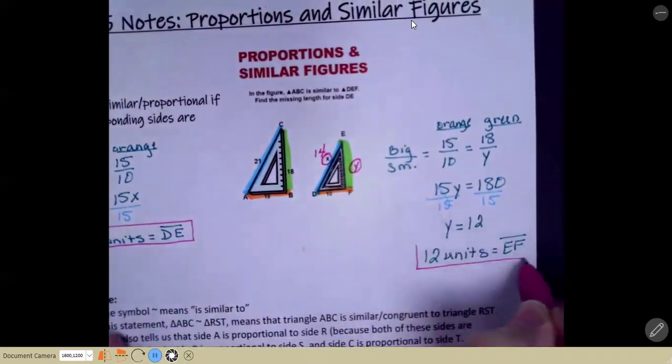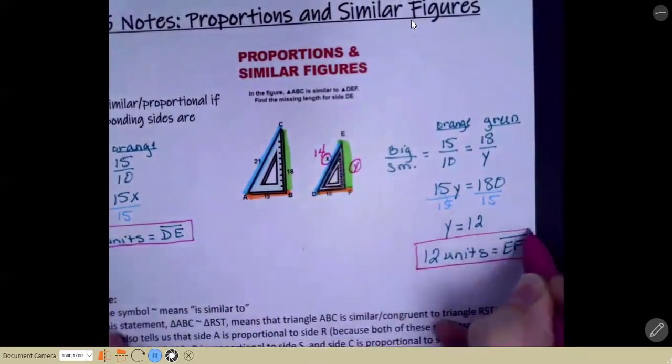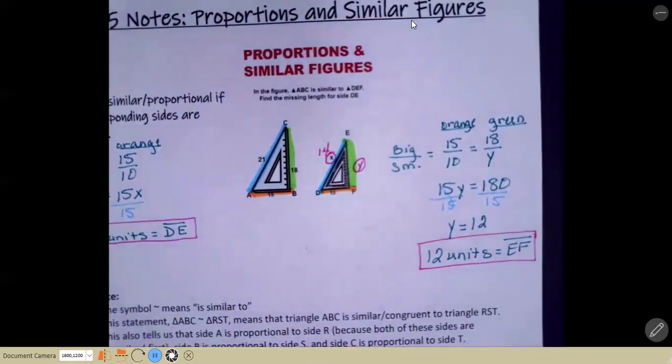Do we have to have a line over the EF? Yes, that shows that you're talking about a side. What if we don't put it on? Not right now. No. Usually it's in alphabetical order.